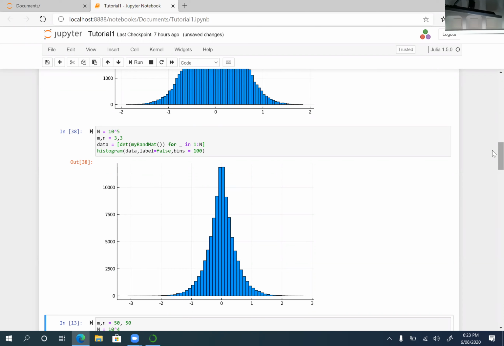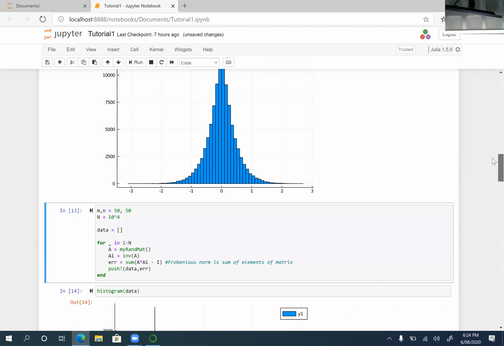The one above is a little bit more like a mountain, but not quite like a normal distribution. Okay, great. Let's move on.